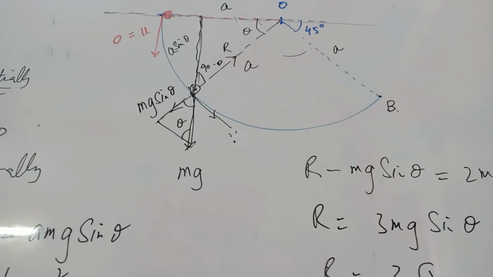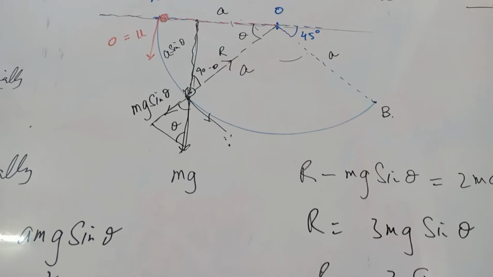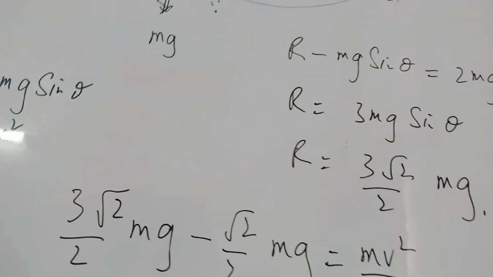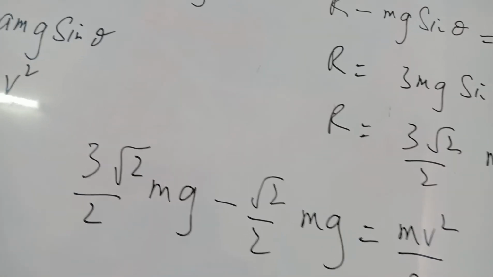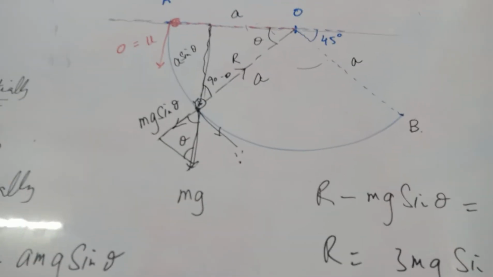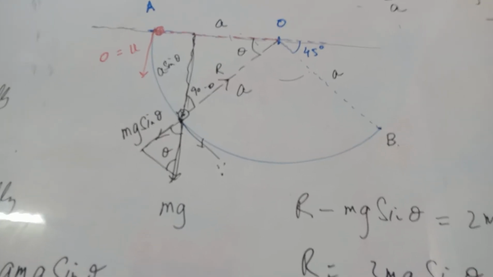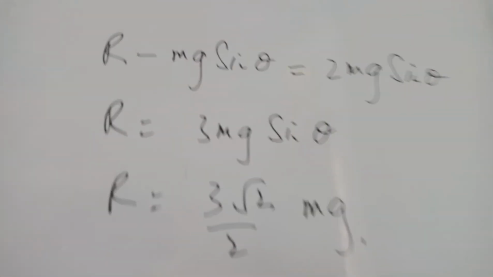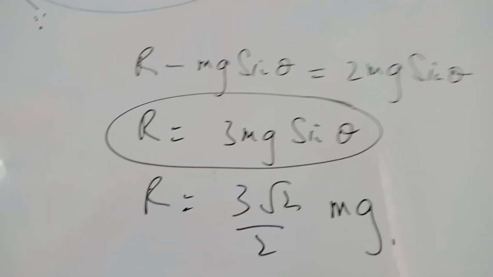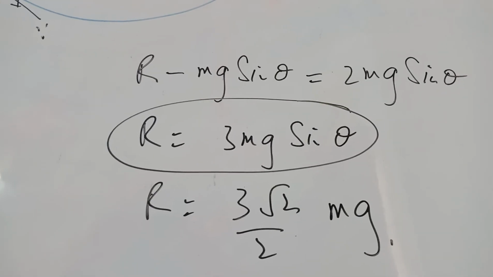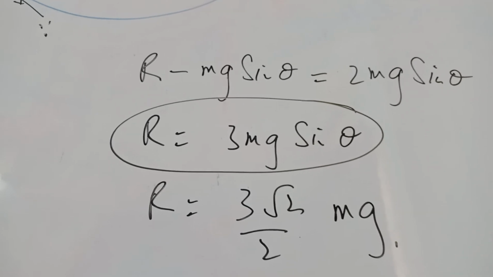Now the second part is asking us to find the greatest reaction force. If you look at this equation, the greatest reaction force would be where sine theta is greatest, and you know that sine 90 is 1.